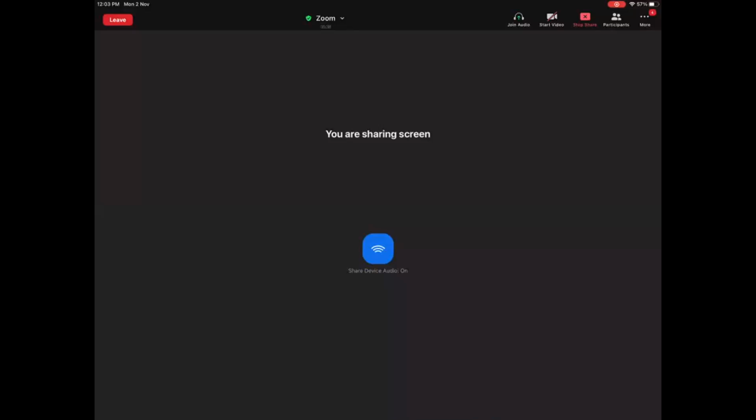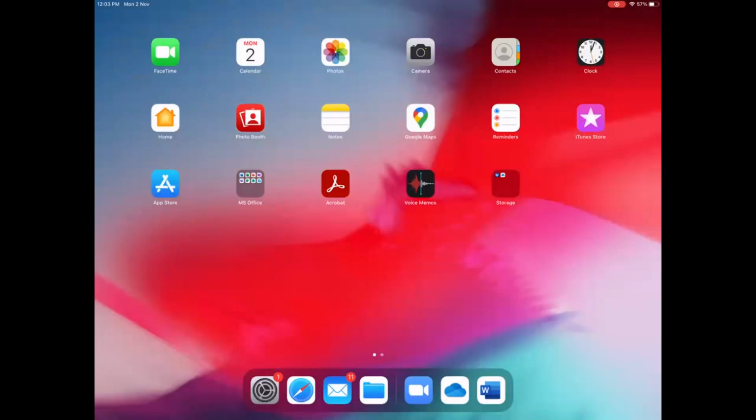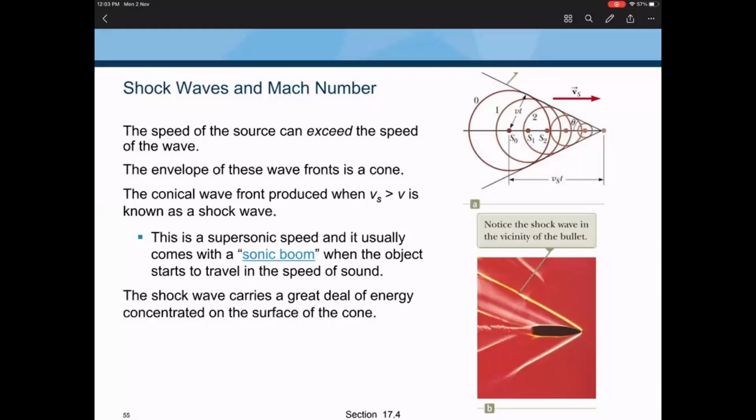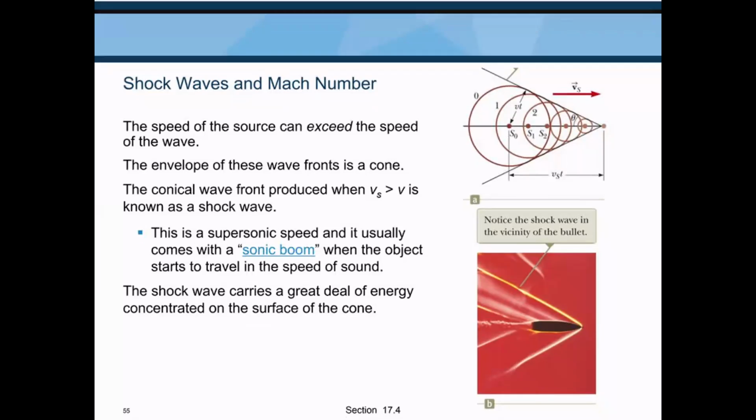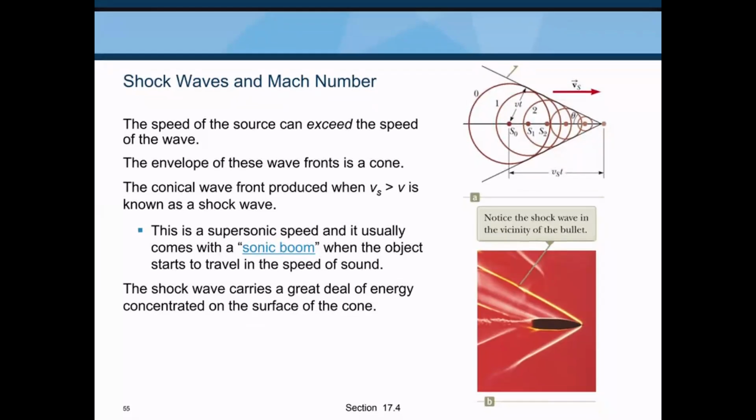and it is called a boom for a reason, because it is just like an explosion. All the sound, if you go back to the slide, all the wavefronts here are kind of coming together onto a single line.